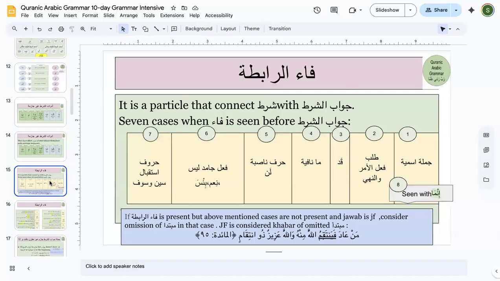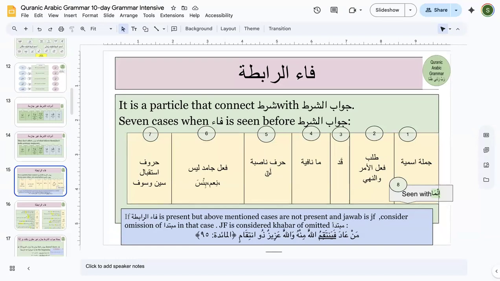Okay, so now see, when you have your jawabu shart, which is jumla ismiya, you will need a connector which is called fa'u rabita. If your jawab is a fail that has to do with command or forbidding, you will need fa'u rabita. If your jawab has qad in the beginning, it will need fa'u rabita. If your jawab has ma nafiya in the beginning, it will need fa'u rabita.